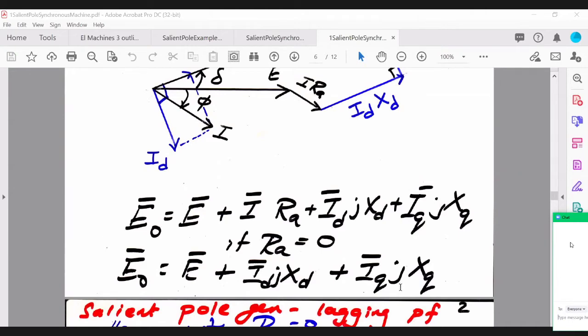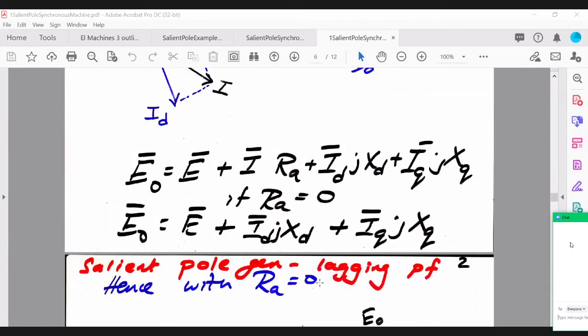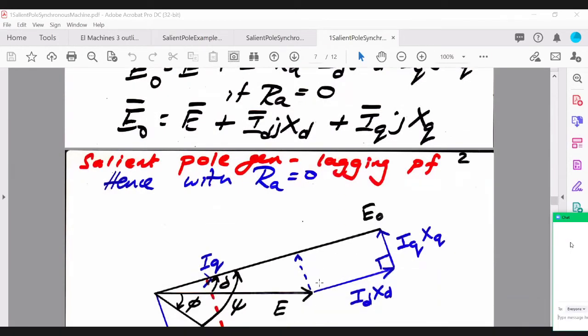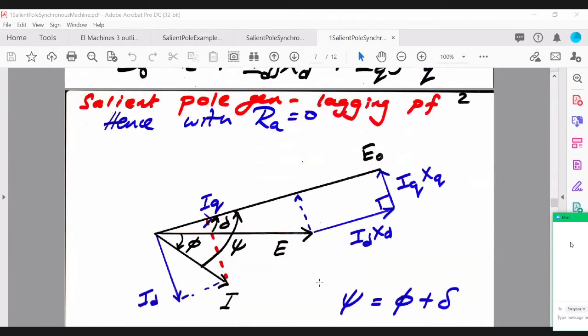With this simplification the phasor diagram is modified slightly, as we no longer have the I times RA component. From your terminal voltage, you just add the two components, IDXD and IQXQ, and you end up with your induced voltage.